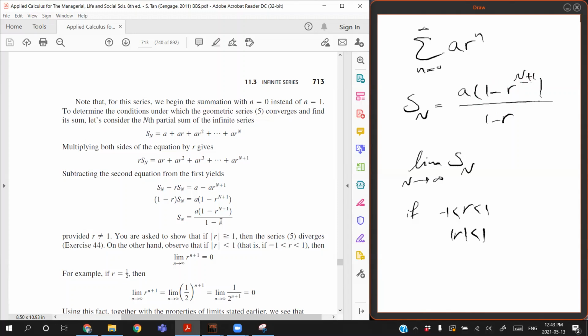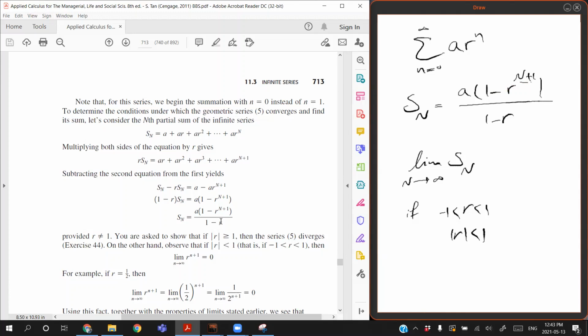This whole thing will become negative infinity then. Or if you have a number that's less than -1, the same thing will happen. A number that's less than -1, when you raise it to the power of infinity, it will be either infinity or minus infinity. So in those cases, the limit will not exist.